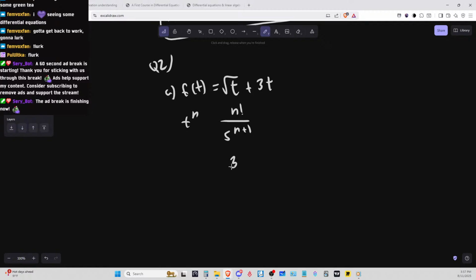So I think for this, this will lead us to 3t. Oh no, that's supposed to be s. So it's like 3 over s squared plus. Okay, so we have a square root here. Now, I don't know if we can do a factorial of a fraction.